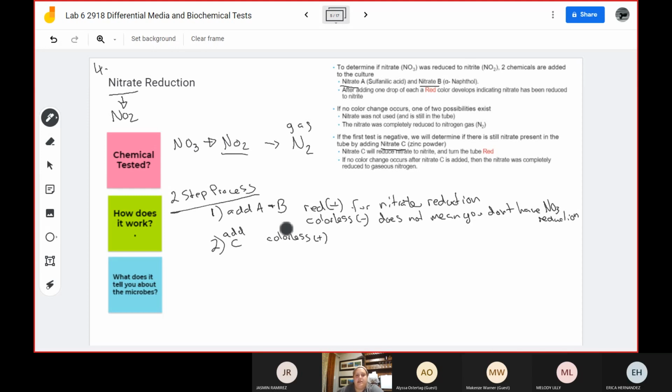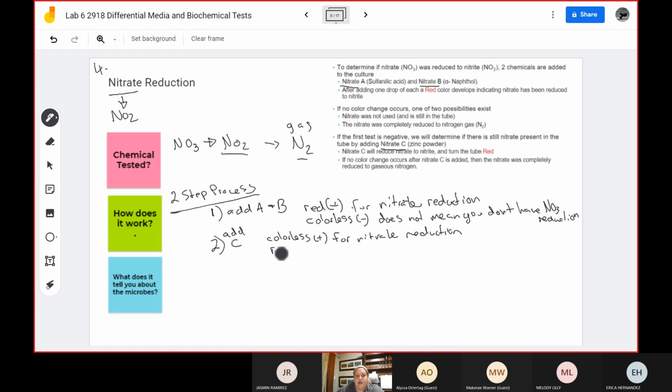So if it's colorless, it means that there's no NO3 left, and you have been so efficient at this process that you've produced N2 gas, and you're not detecting this middle step. So this is positive for nitrate reduction.